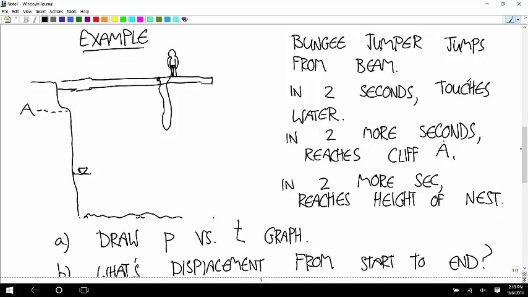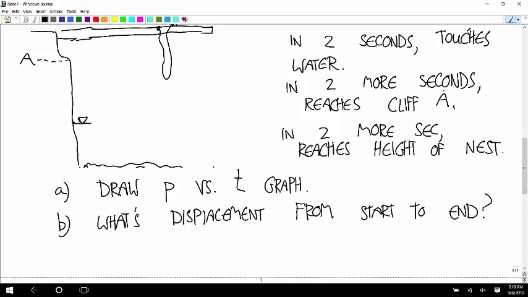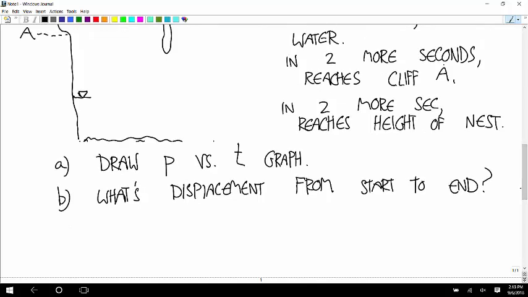We need all that stuff. Yeah, we do. So let's choose the 0 position at the water. We do need to know some distances. I'll give that too.